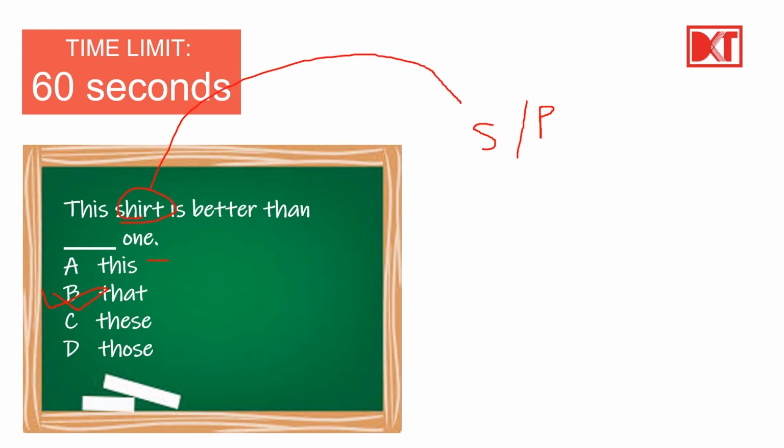Shirt is singular and हम comparison भी उसका one से कर रहे हैं, तो ये भी singular ही है. Right, this, that one dash one, and obviously you cannot compare this shirt with this one. You have to compare this shirt is better than that one. This one makes sense. Now the next question.